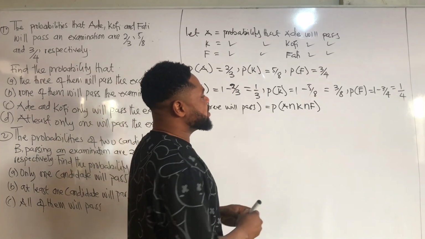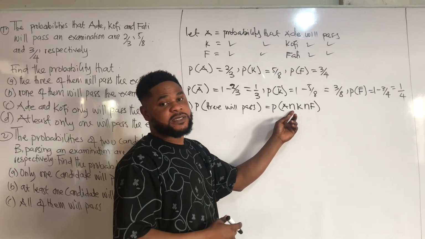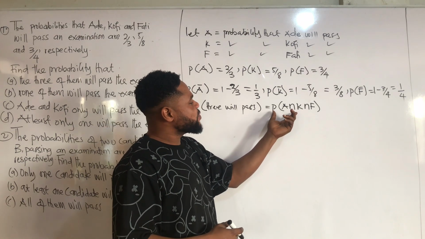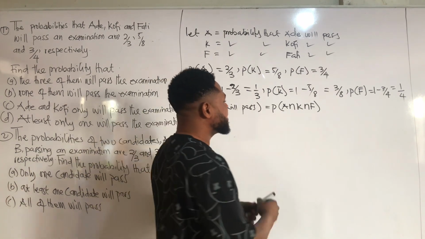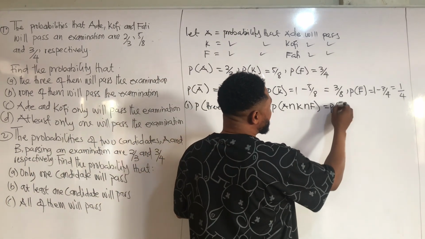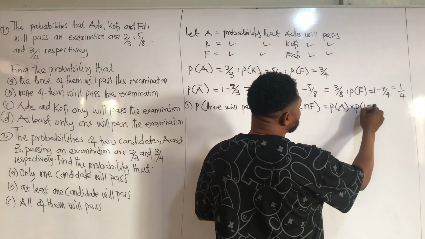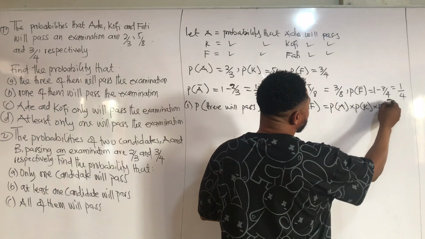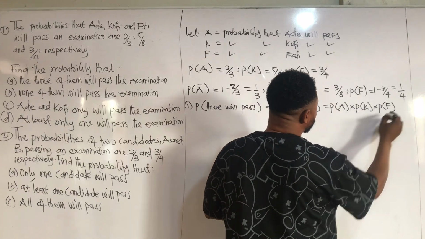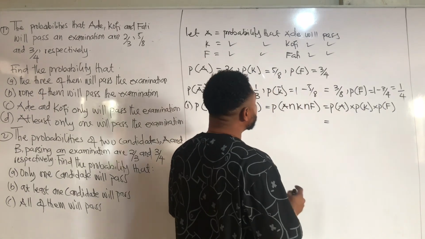And in probability, intersection means multiplication. So I can expand this as probability that Ade will pass times probability that Kofi will pass times probability that Fatih will pass.